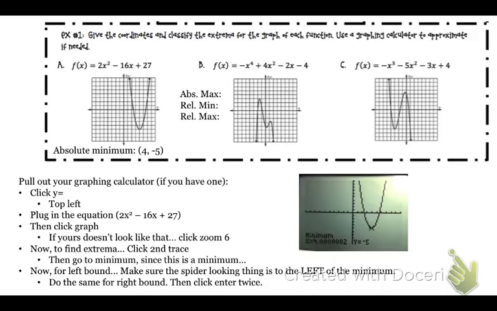Now, for example B, we have an absolute max, a relative min, and a relative maximum here. And the absolute max is (-1.5, 2.9). Relative min is (0.3, -4.3). Relative max is (1.3, -2.7). And I guess I did not do that one in the calculator.